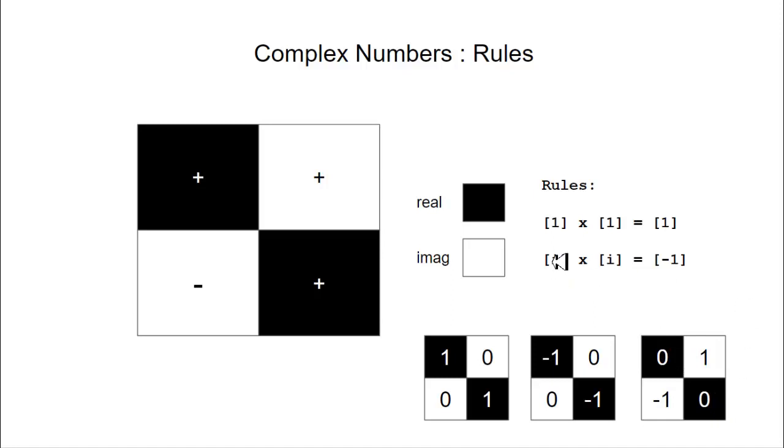When you take I and multiply it by I, when you square this matrix, you get minus 1. What does that mean? That means you get minus 1s on the forward diagonal. So that is the true meaning of I times I equals minus 1.